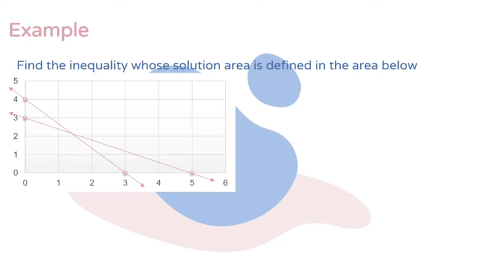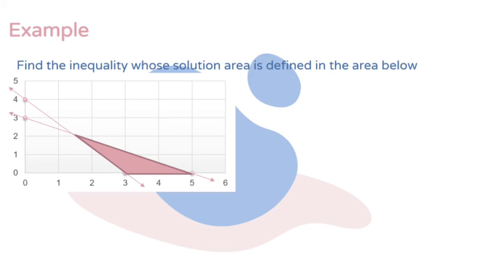Then the second line intersects the y-axis at 3 and the x-axis at 5. Then the area is above the first line, so the sign of the inequality is greater than. And the area of the second line is under the line, so the inequality is less than or equal to.